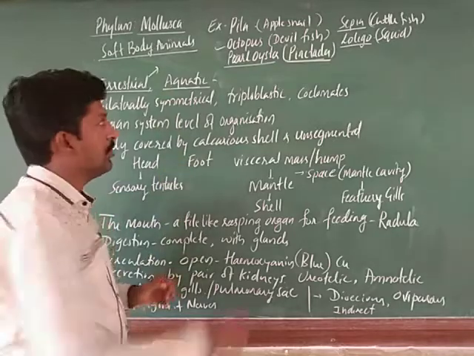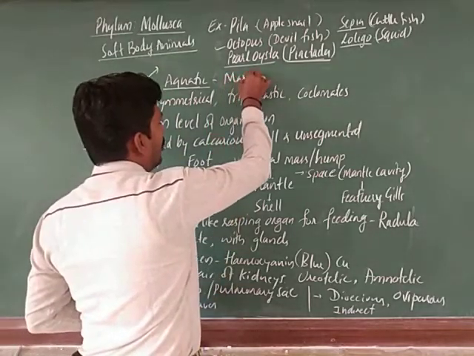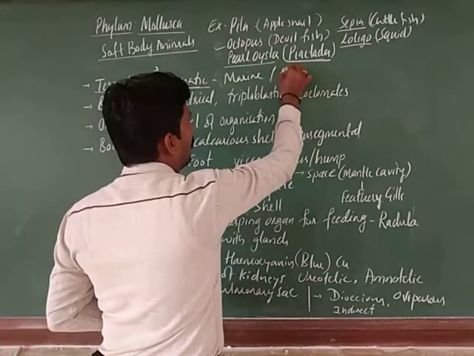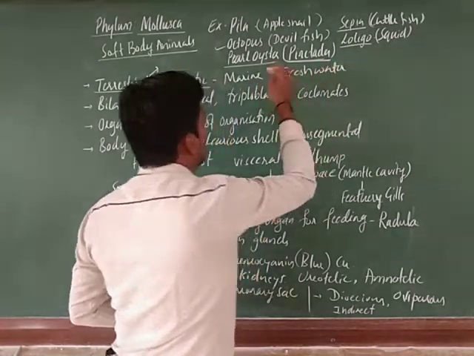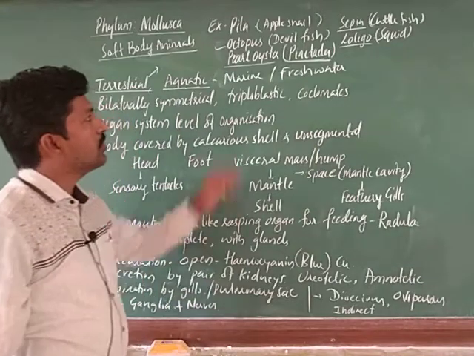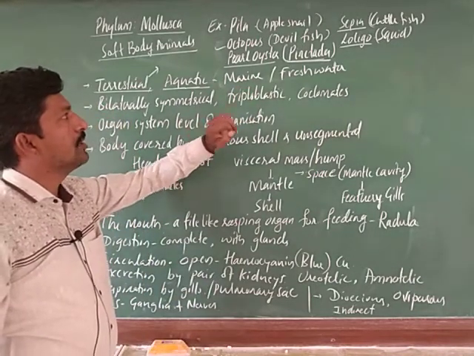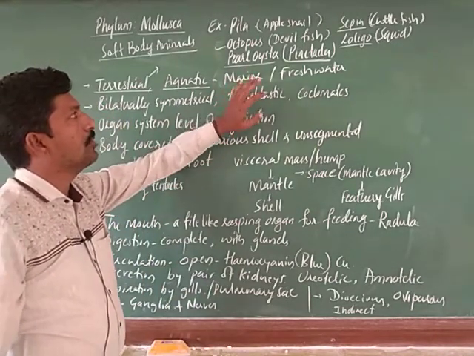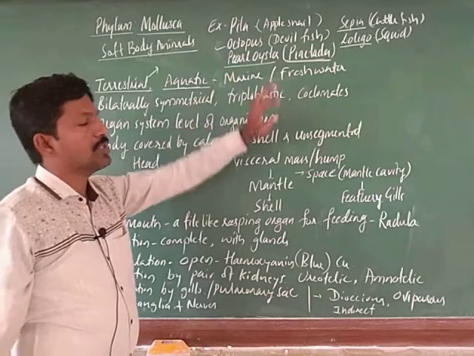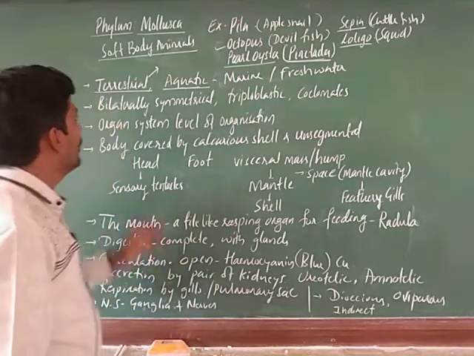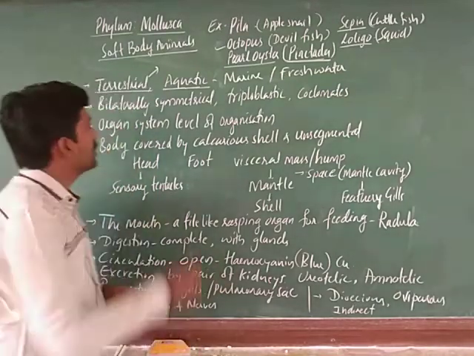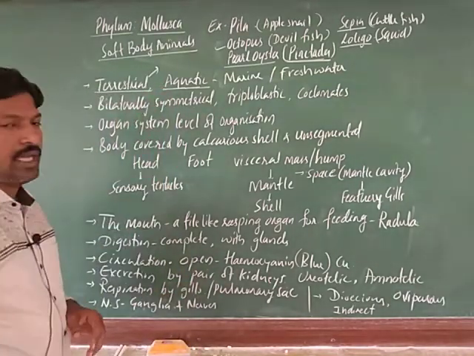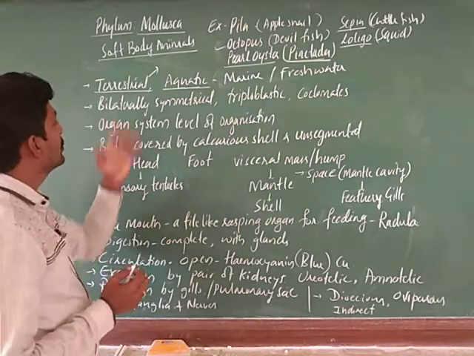Aquatic forms may be marine or freshwater. For example, pearl oyster is a marine form, Pila is a freshwater form, right. In this way we can consider their habitat: both terrestrial as well as aquatic forms of mollusks are there.